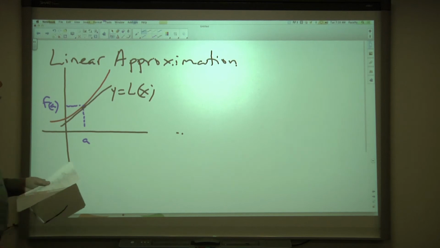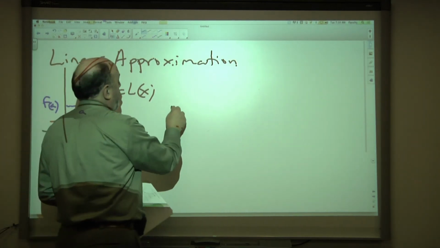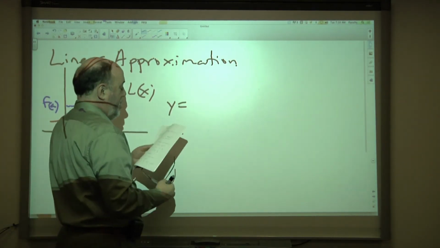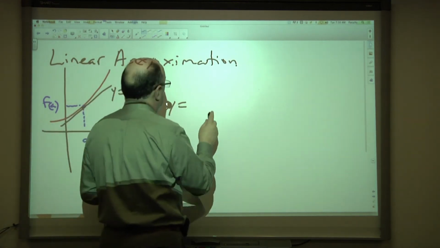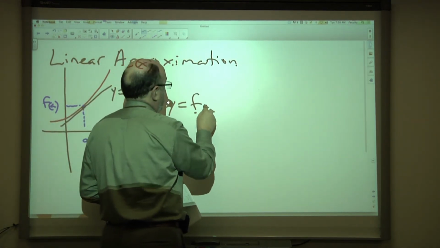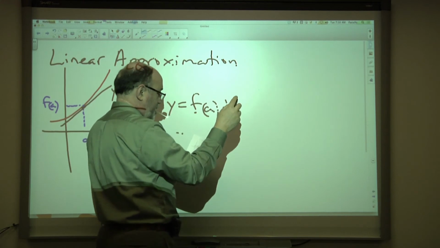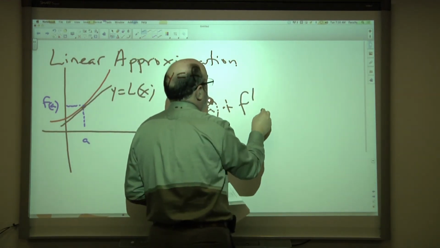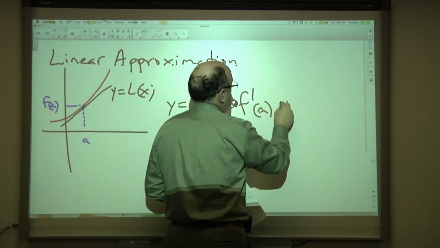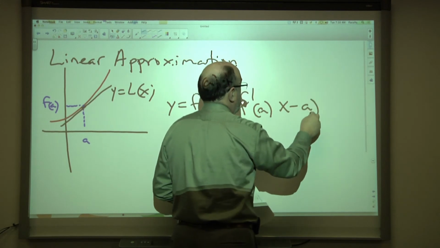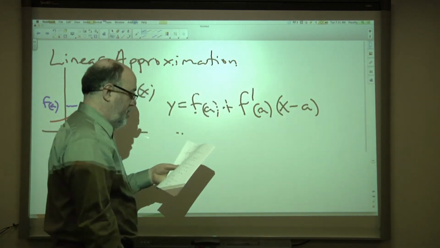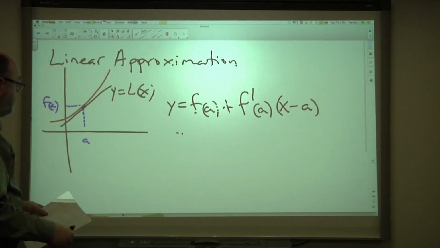And so we have that y is going to equal f of A plus the derivative evaluated at A times x minus A. So let's get to how this works. So let's do an example here.